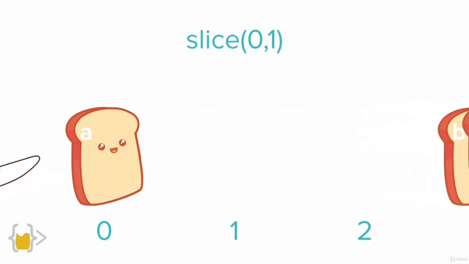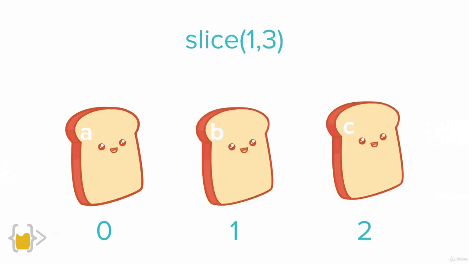So you end up with the first character of the string, which in this case is A. Now it's really important to remember that programmers always count from 0. So the first character is always at position 0. And that means that the third character, rather unintuitively, is actually at position 2.